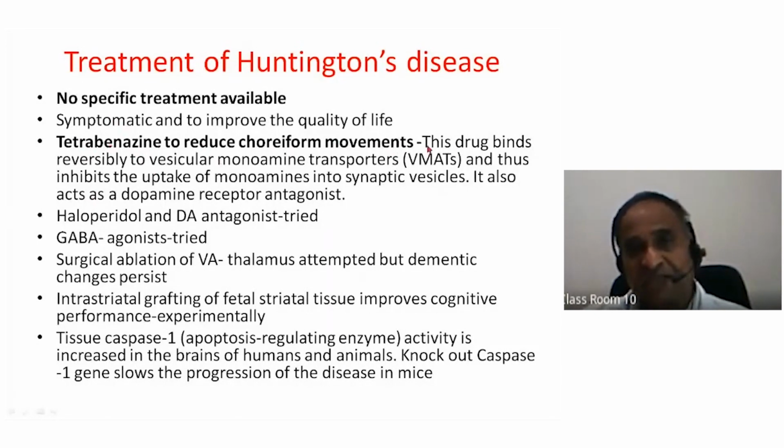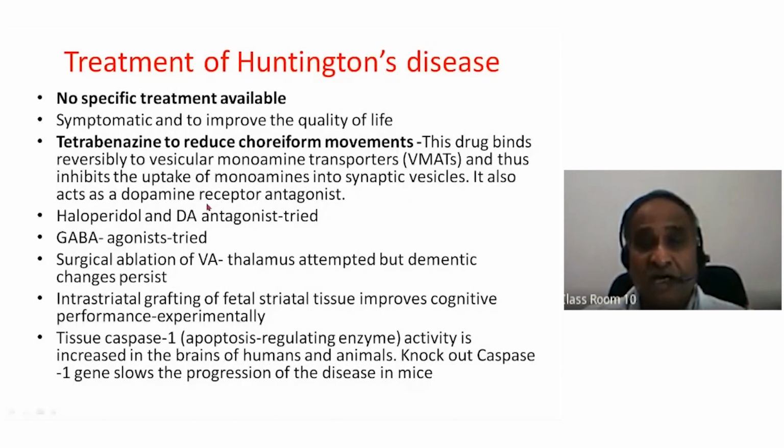Tetrabenazine is a drug that binds reversibly with vesicular monoamine transporters. Monoamines, such as dopamine, are transported inside, so it inhibits the uptake of the monoamines into the synaptic vesicles, so that there will be more dopamine availability.